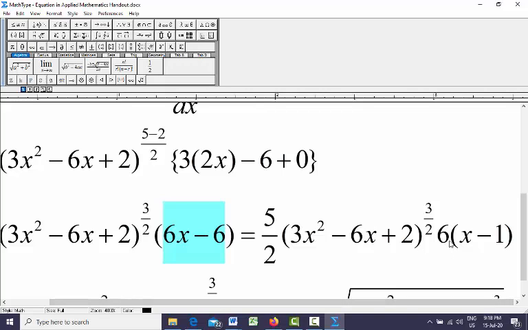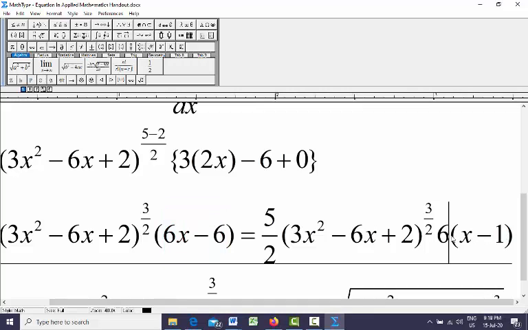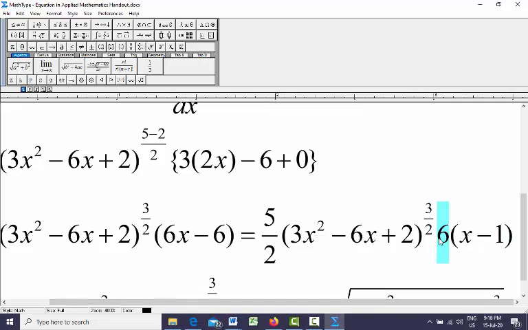So if you take 6 common, we will have x minus 1. Right? And then this 6 and this 5/2 can get multiplied with each other. If you multiply this 6 with this 5/2, you can apply the process of cancellation between this 2 and this 6, because 6 is in the numerator and this one is in the denominator.